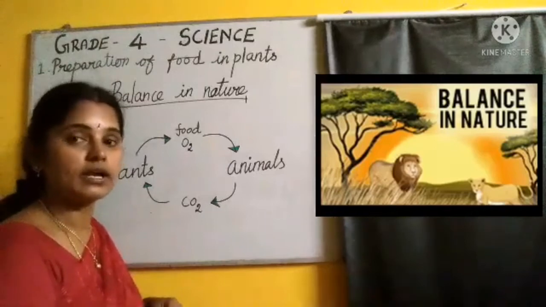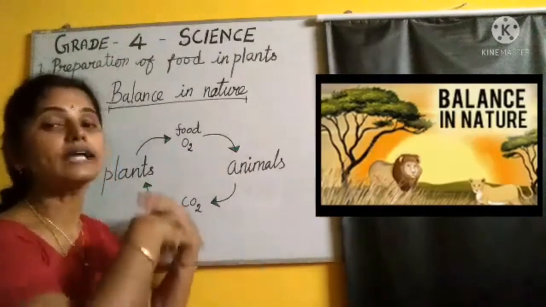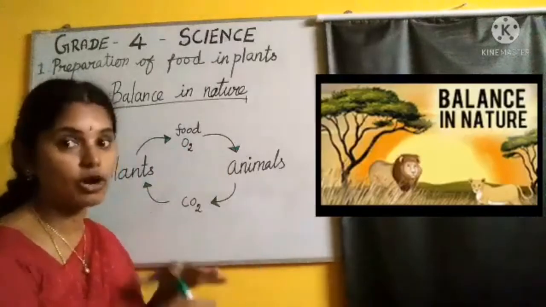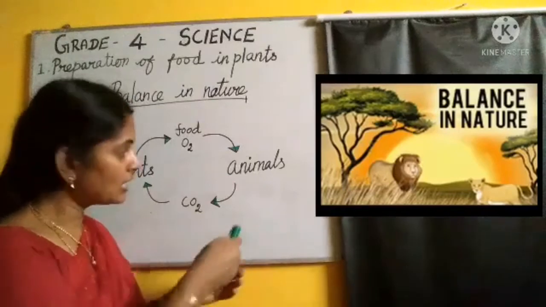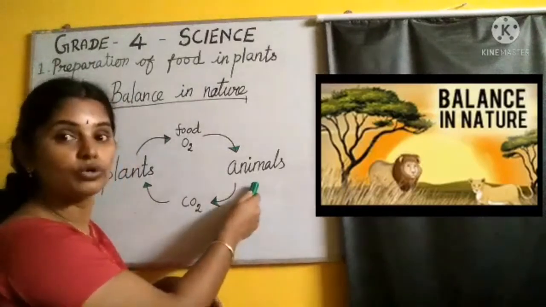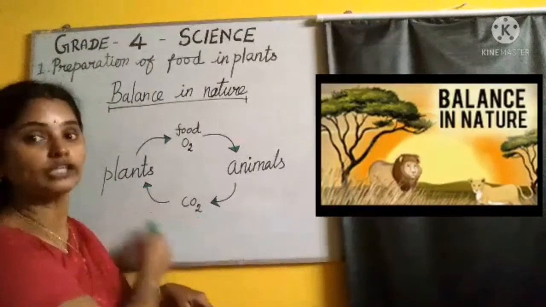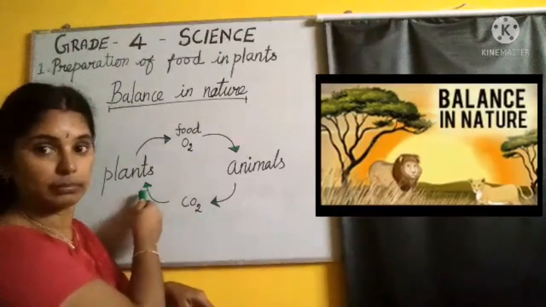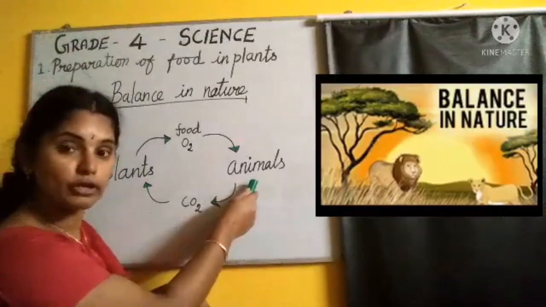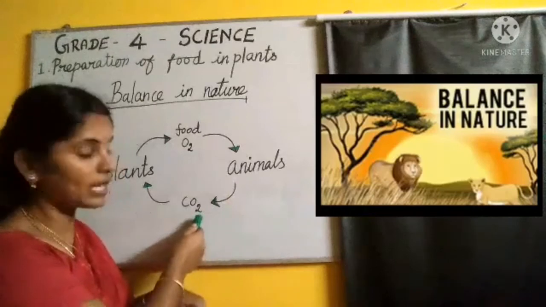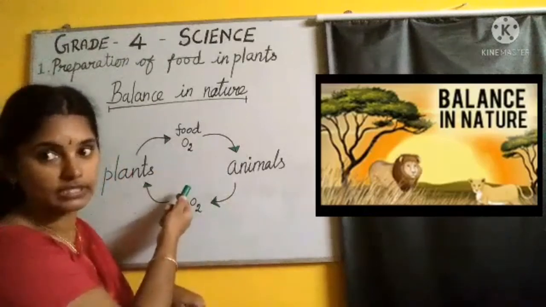But all of a sudden, if the number of plants increases, imagine, animals would not be able to give enough carbon dioxide to the plants. If the number of plants increases, the animals will not be able to give enough carbon dioxide for the plants to carry out photosynthesis, isn't it?